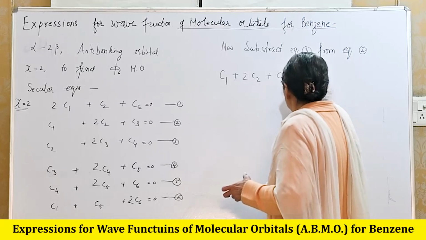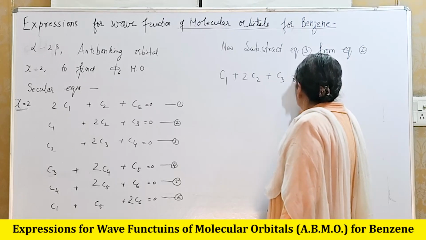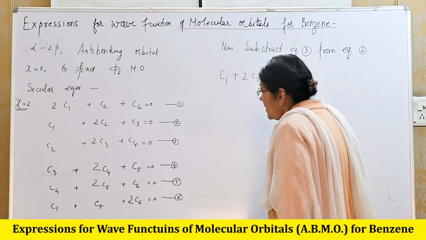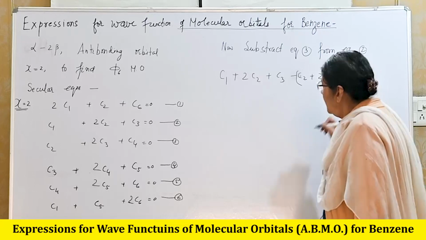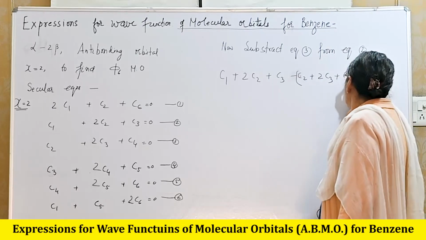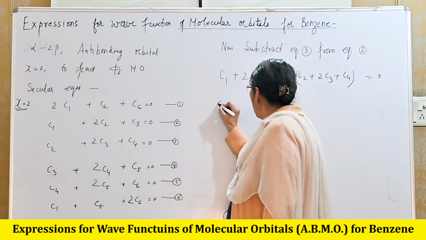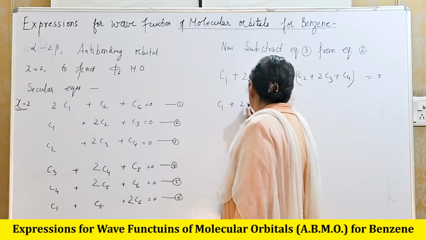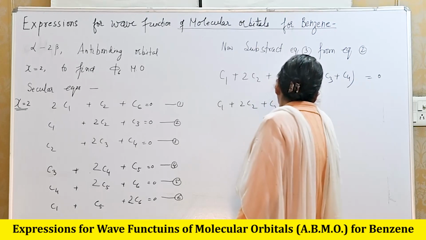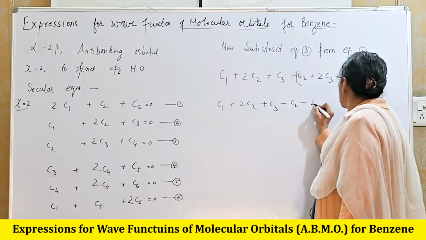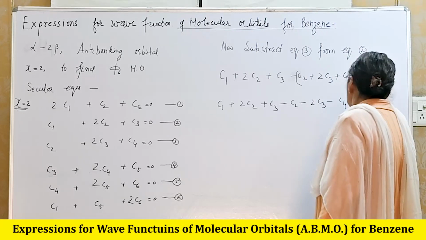Then I will subtract here minus C2 plus 2C3 plus C4 is equal to 0. Then C1 plus 2C2 plus C3 minus C2 minus 2C3 minus C4 is equal to 0.